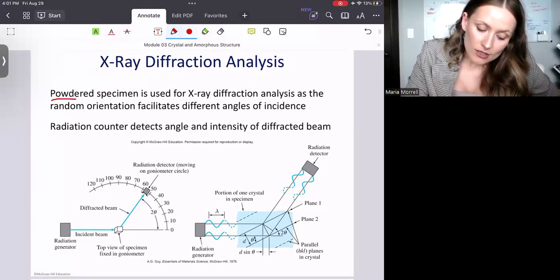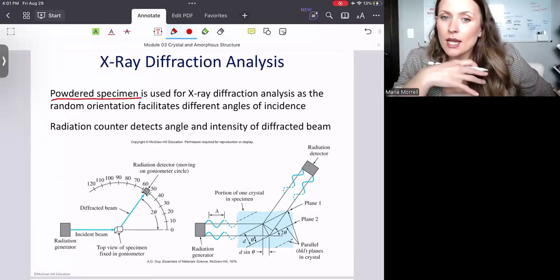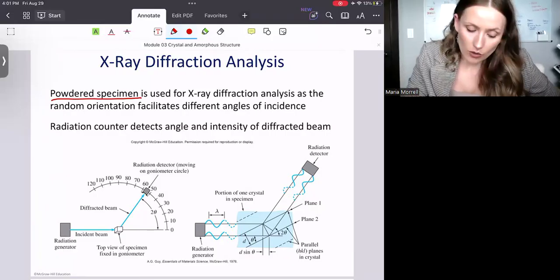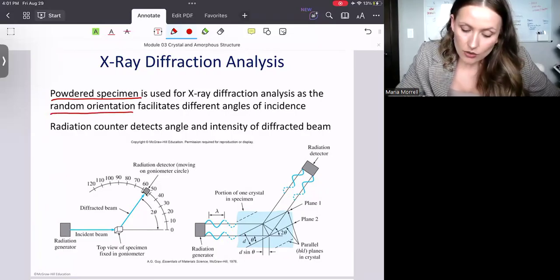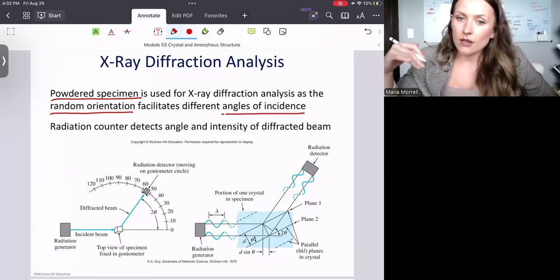We load a powdered specimen, and for X-ray diffraction we specifically use powders because it allows us to have this random orientation. That means we have different angles of incidence hitting the planes.